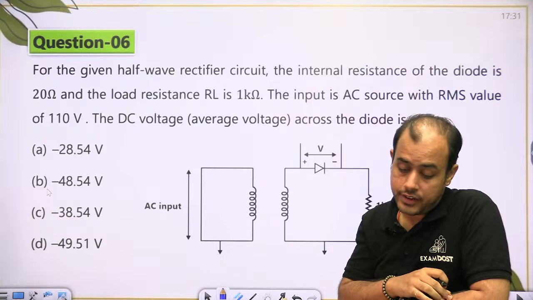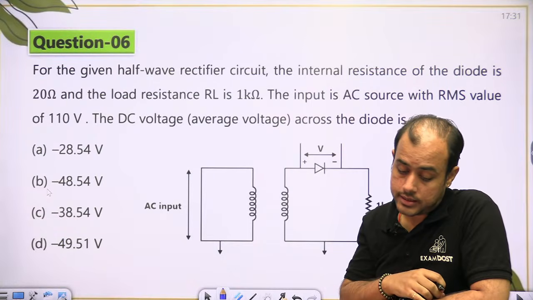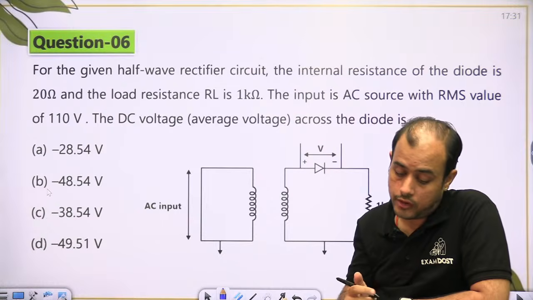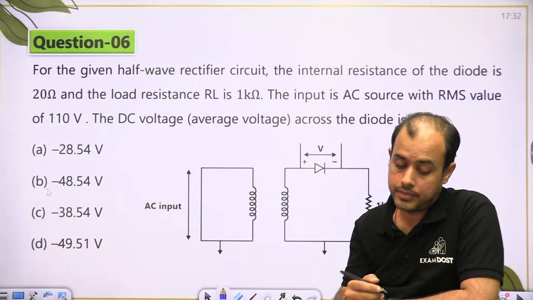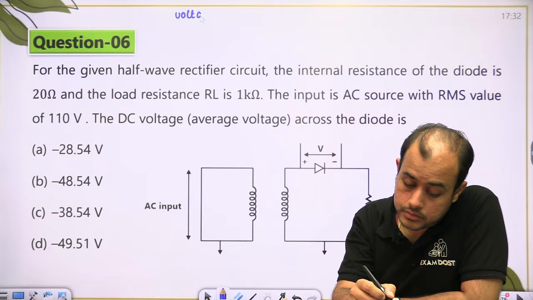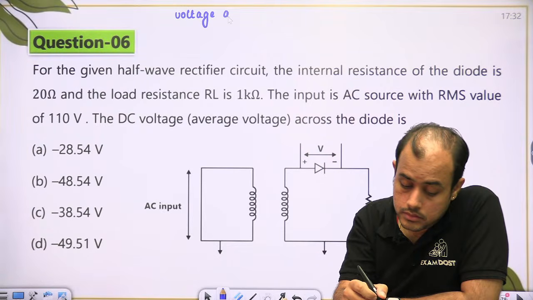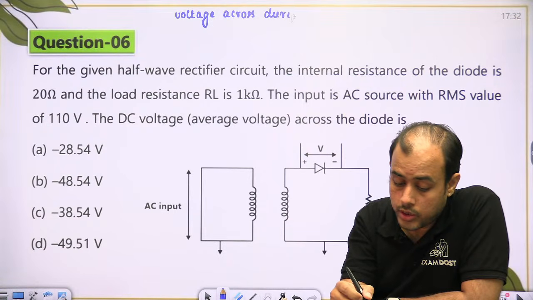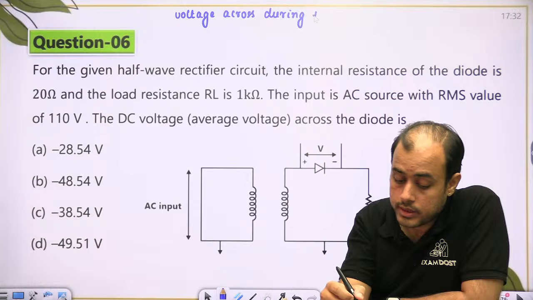For the given half wave rectifier circuit, internal resistance of diode is 20, RL is 1 kilo ohm. Input is an AC with RMS of 110. DC value of voltage across the diode. ठीक है. Voltage across diode during positive half cycle.